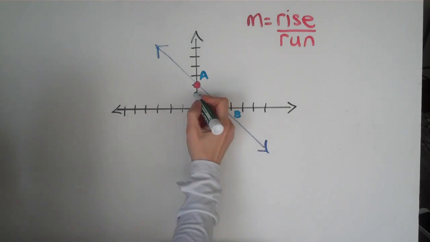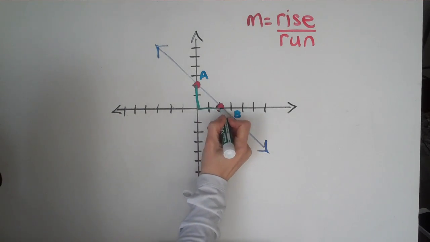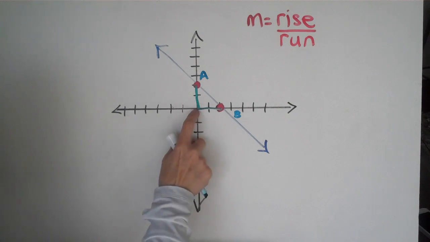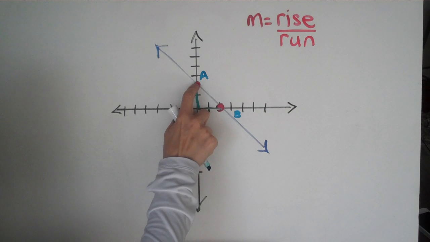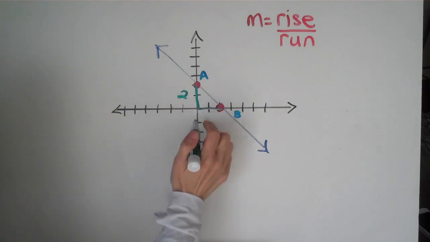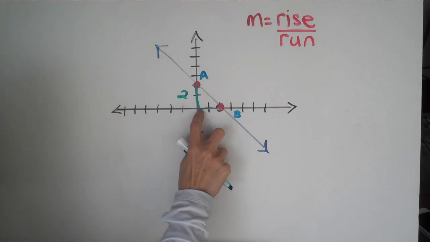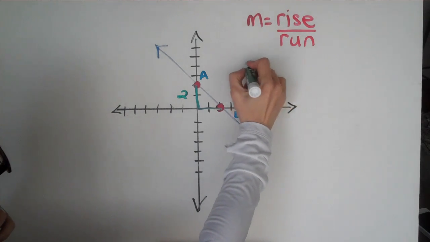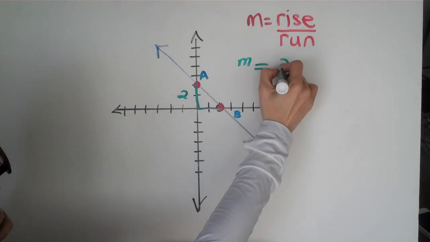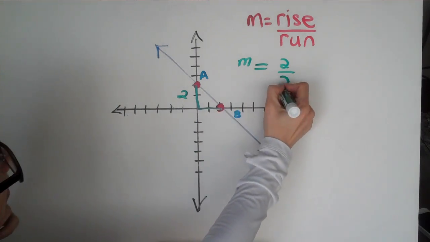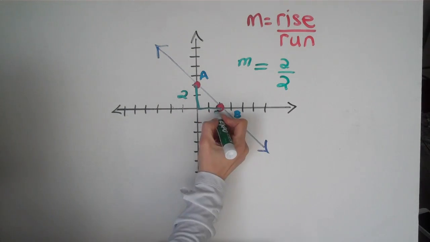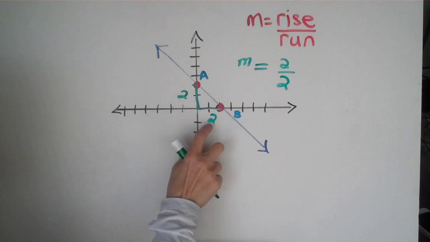So let's just highlight here and here because that's how we're going to count. So this would be a rise of 1, 2. And then we would count, okay, so we have M equals 2 over a run of 1, 2. So it would be a rise over run, 2 over 2.